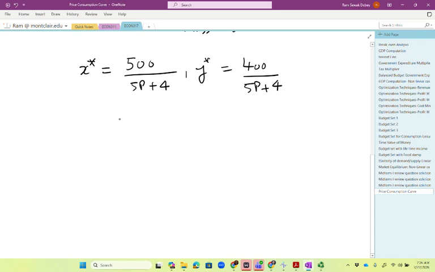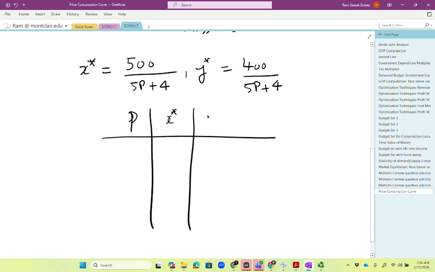And then we will plot the combinations of x star and y star to obtain the price consumption curve. So let's create a table where I have price of good x, then the quantity x star, quantity y star, which is the choice made by the consumer in response to the given price.